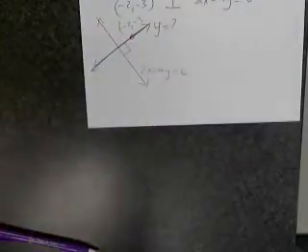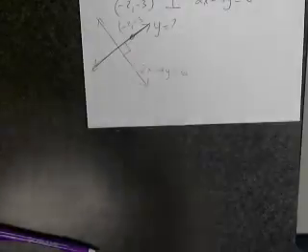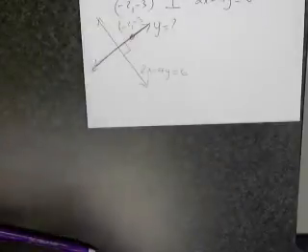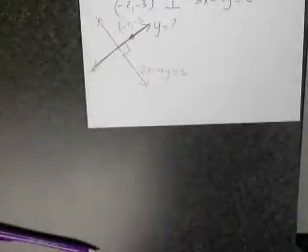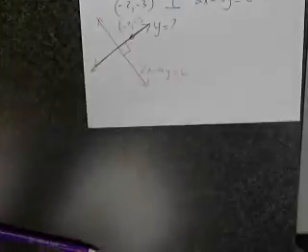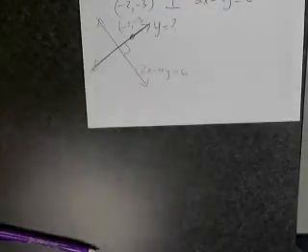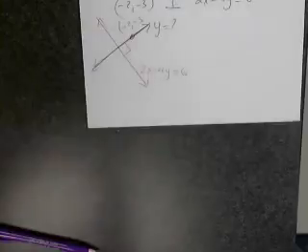When two lines are perpendicular, what do I know about the slopes M1 and M2? What is the relationship? If they are parallel, M1 and M2 must have the same slope, right? If they are parallel, M1 has to equal M2. But if they are perpendicular, if they form four 90-degree angles, not this, this is not four 90-degree angles, this, four 90-degree angles.